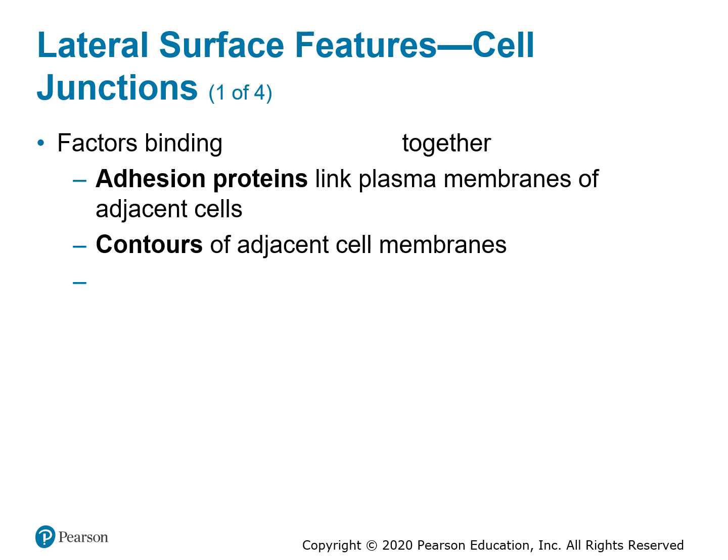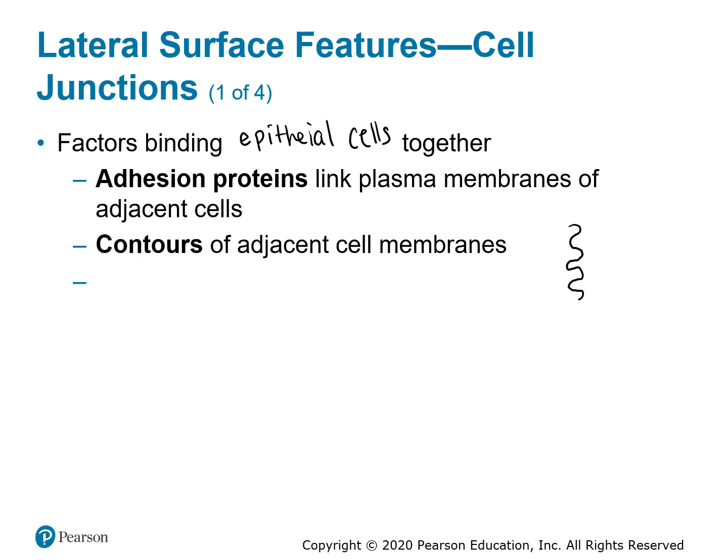So some of the factors that help to bind those epithelial cells together are adhesion proteins that help link the plasma membranes from one cell to another cell. The contours of the adjacent cell, we can kind of think of those as like a lock and key mechanism, right?